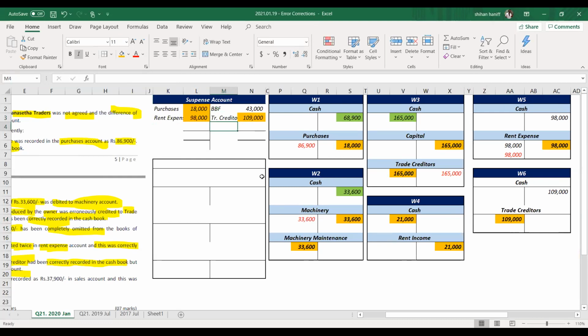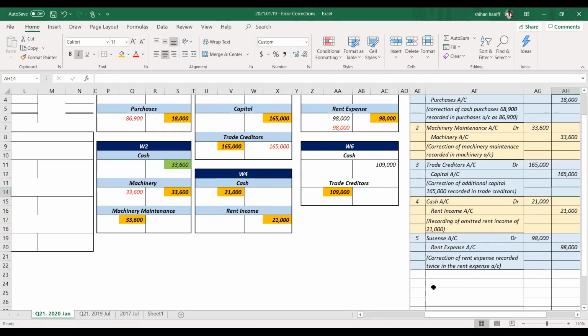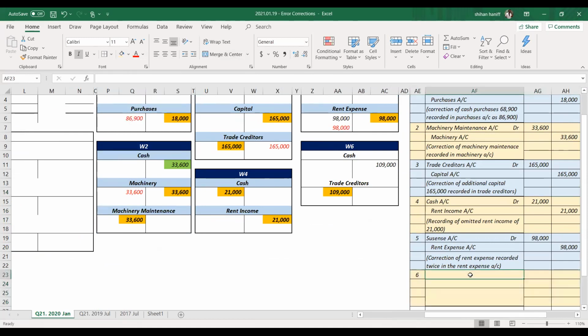Trade creditors. Double entry in the general journal, number 6. Trade creditors account debit, suspense account credit 109,000.